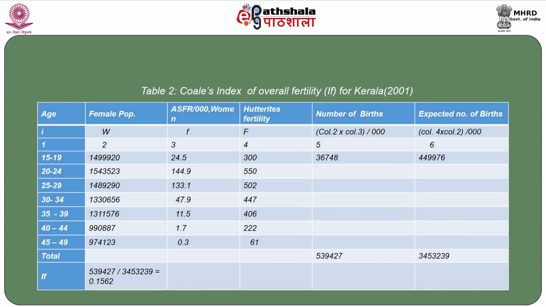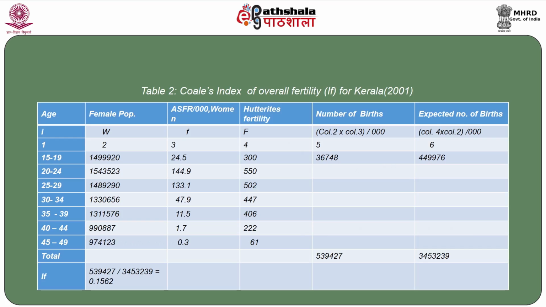Let us now look at Table 2. Table 2 gives the Coale's index of overall fertility indicated by IF for the state Kerala for the period 2001.